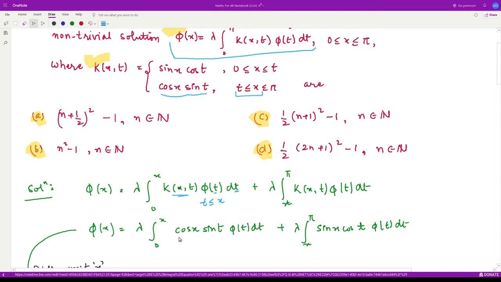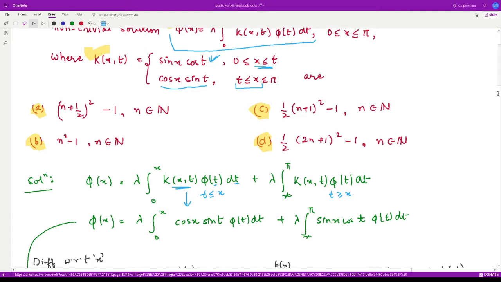So it becomes lambda integration from 0 to x of cos x sin t phi t dt. Similarly, here t is greater than or equal to x, so we take this other value of the kernel. So it will be sin x cos t phi t dt.